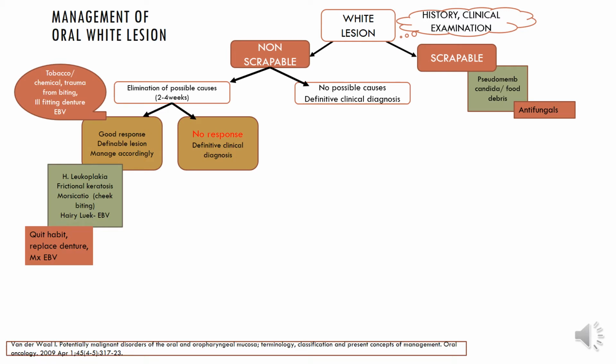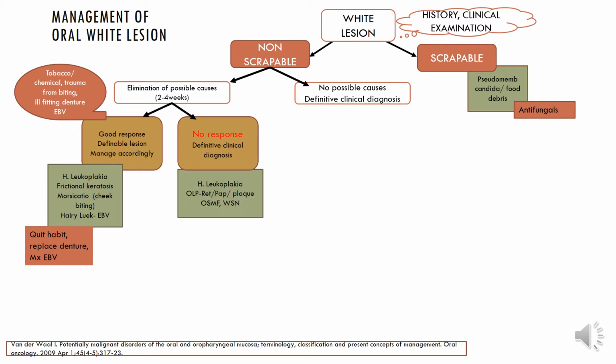Or, like I said, trauma causing frictional keratosis or morsicatio, or hairy leukoplakia which can heal after the Epstein-Barr virus is treated. So here we're looking at quitting the habit, replacing a denture, managing the viral infection and the lesion subsiding.